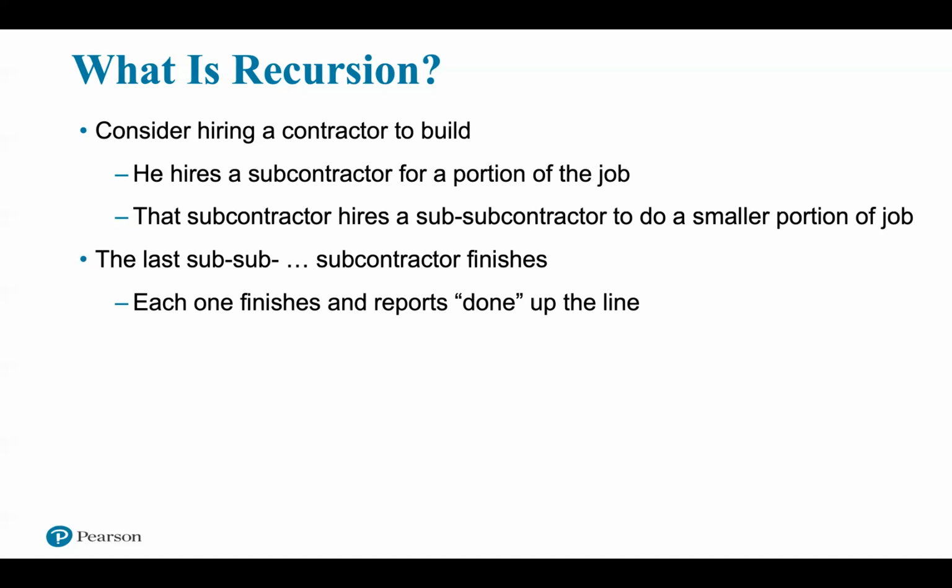The solution to the smallest problem is probably not the solution to your original problem, but it can help you reach it. Either just before or just after you solve each smaller problem, you usually contribute a portion of the solution. This portion, together with the solutions to the other smaller problems, provides the solution to the larger problem.